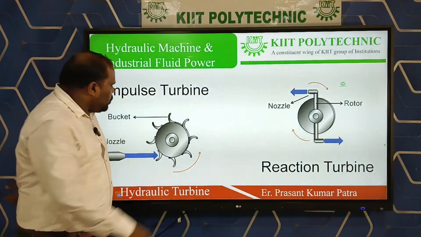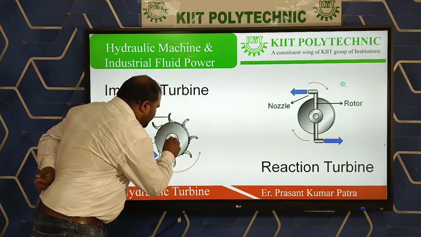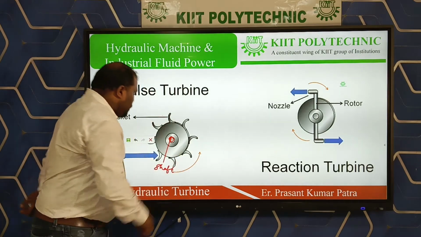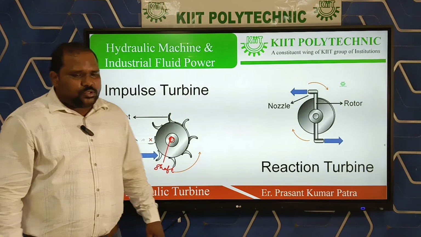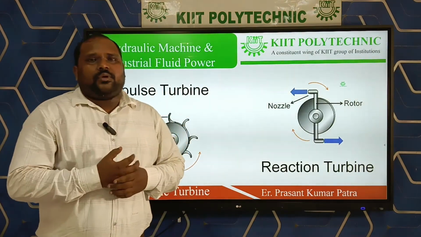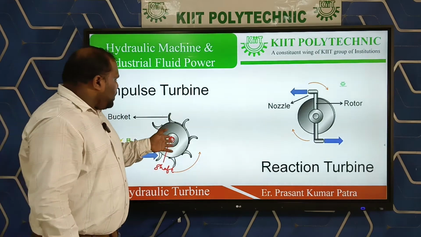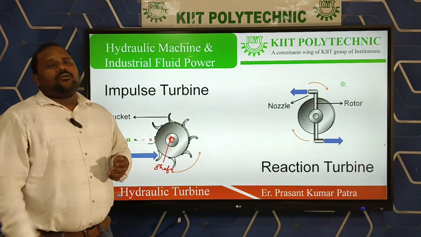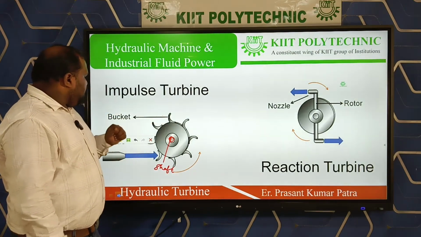When the runner rotates, here is the shaft. When this runner rotates, this shaft will rotate, and due to the rotation of the shaft we get shaft power, and that shaft power is utilized as the main power source to run the generator.